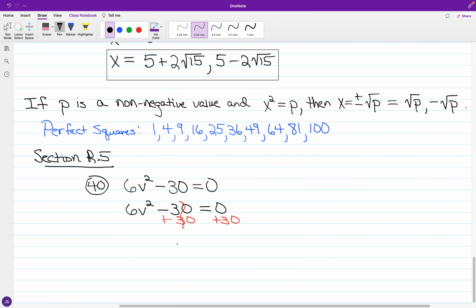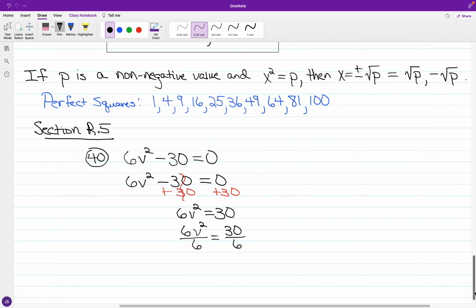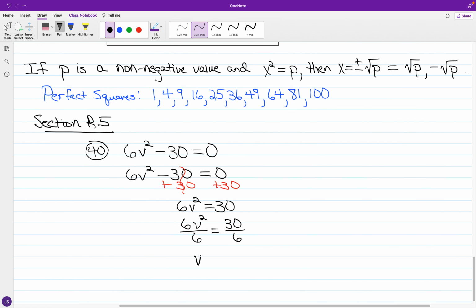And so in this arrangement, I got 6v squared is equal to 30, and getting v squared by itself. Now I could have divided by 6 beforehand, but just doing it after isolating the variable term, I can do it at this juncture.